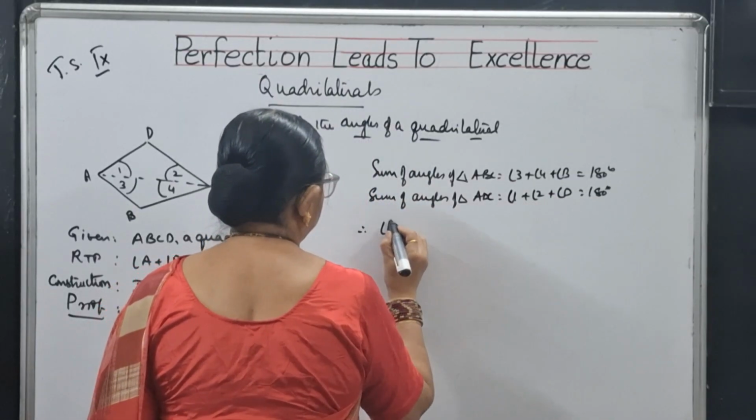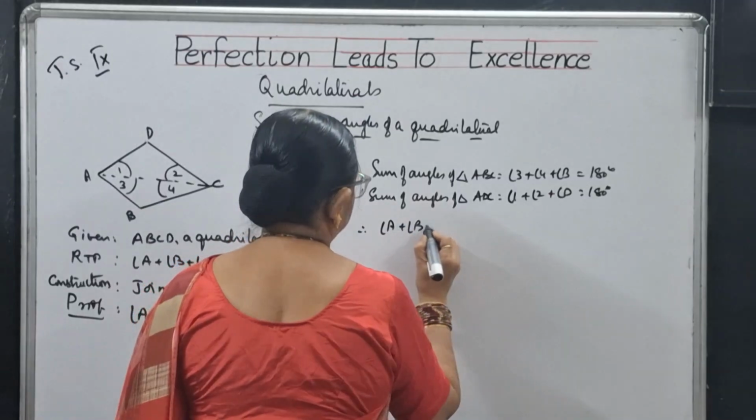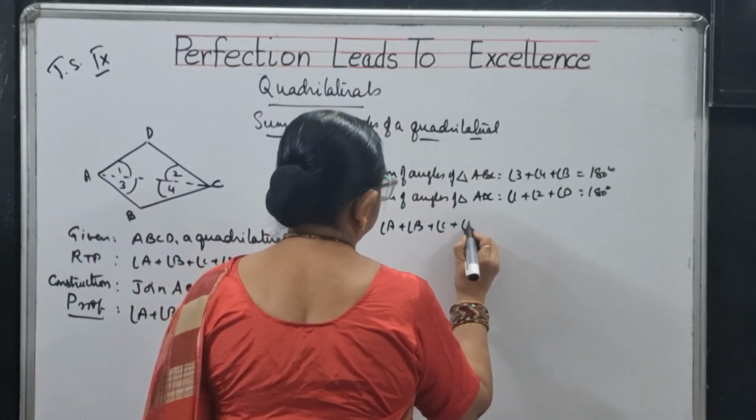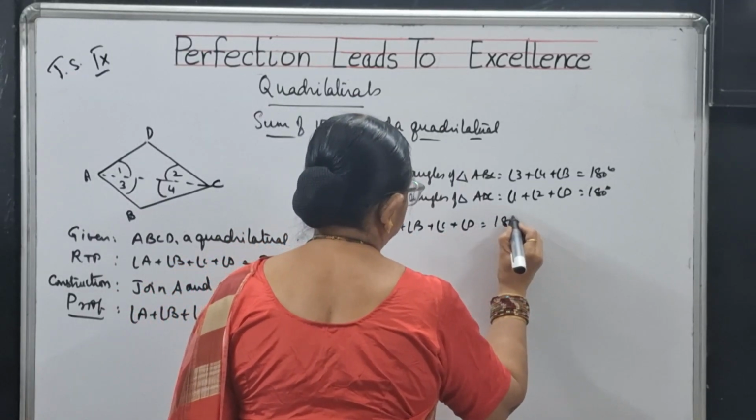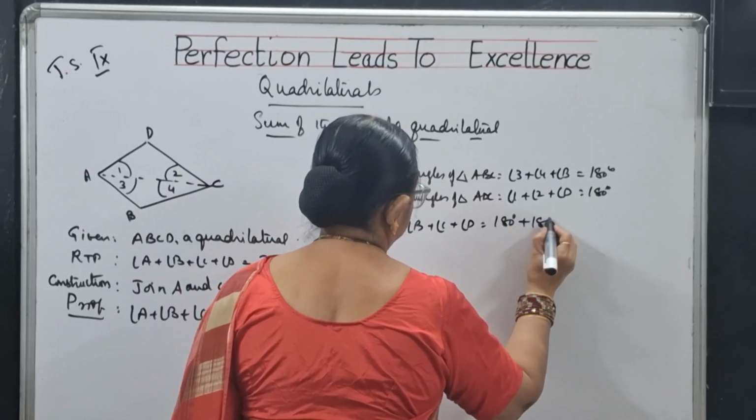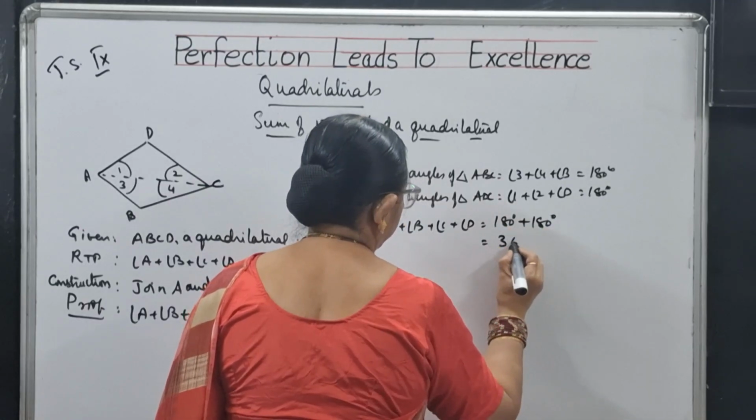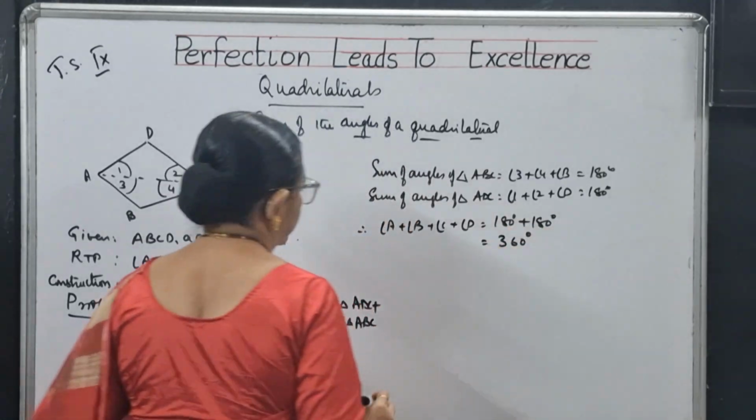Therefore, angle A plus angle B plus angle C plus angle D is equal to 180 degrees plus 180 degrees, that is 360 degrees.